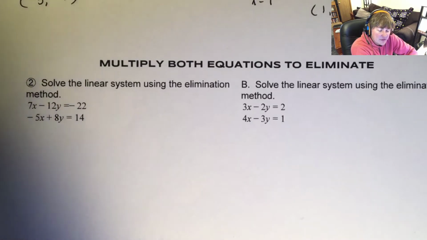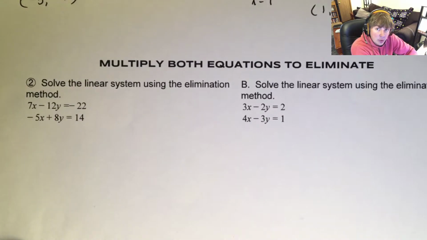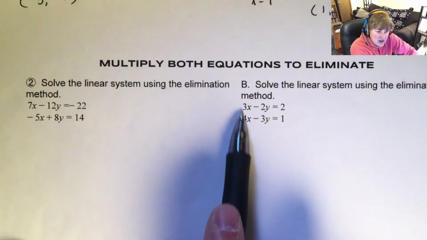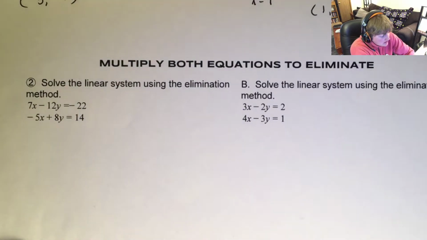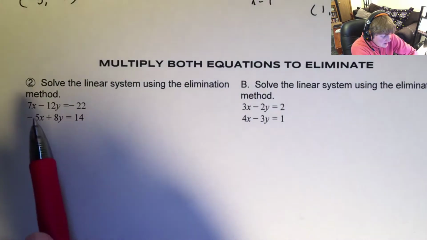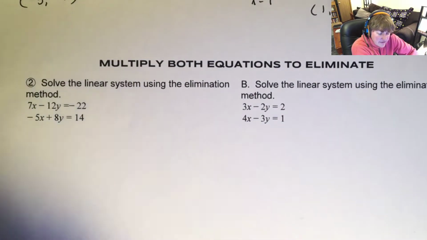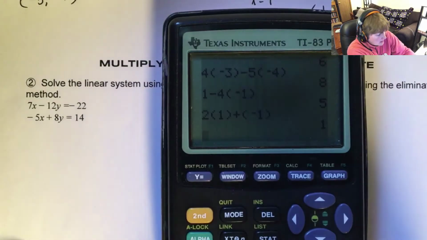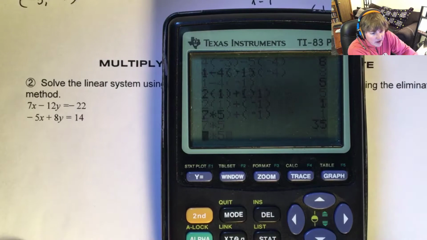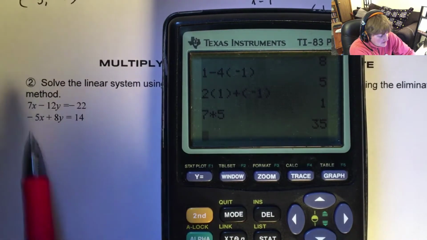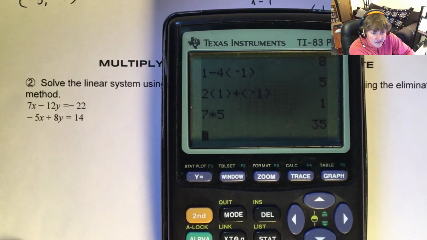That might be different if I have both negatives or both positives, then one number is going to have to be negative, and you actually can see that would happen here. Okay, so what I'm going to do, and really, I just know 7 and -5 both multiply up to 35. I know this because I literally just would go 7 times 5. So really, on the top equation, I just want to get that to +35x. And the bottom equation, I just want to get that to -35x.